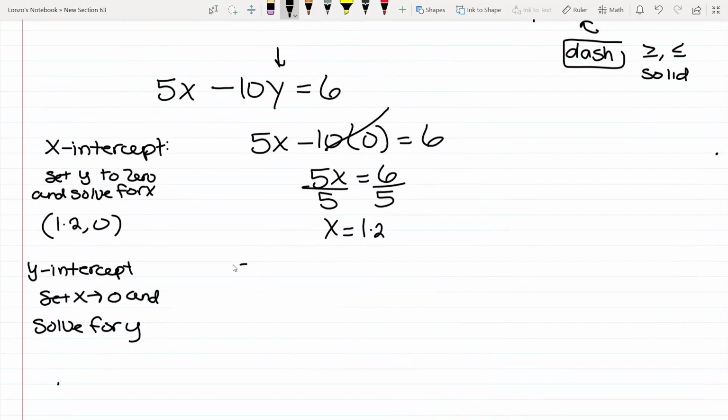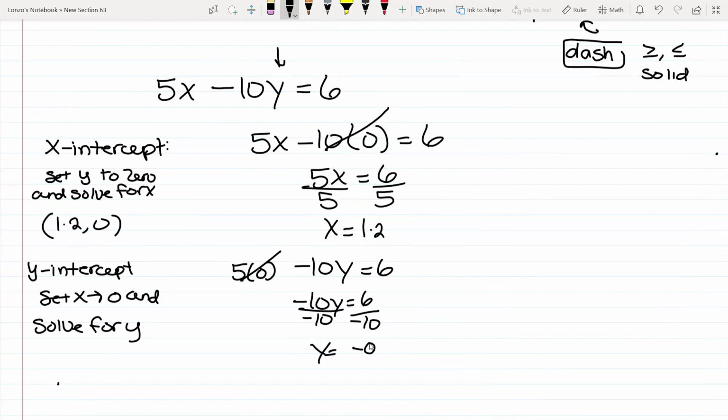So it's going to be 5 times 0 minus 10y equals 6. This zeroes out, so you're left with negative 10y equals 6. Divide this by negative 10, and you get 6 divided by negative 10, which is negative 0.6. If you want to write it as a coordinate, it would be expressed as (0, -0.6), right?